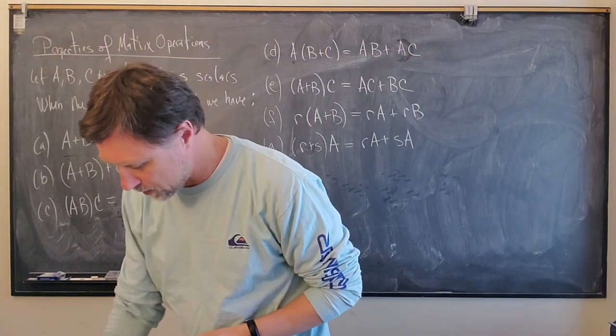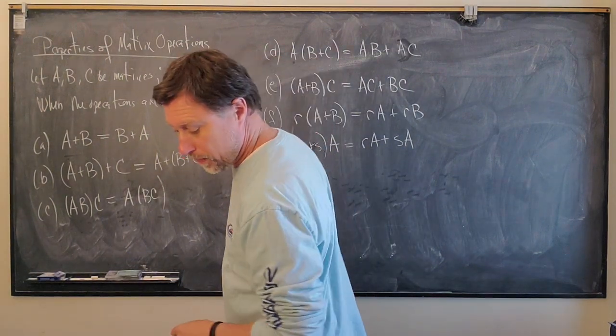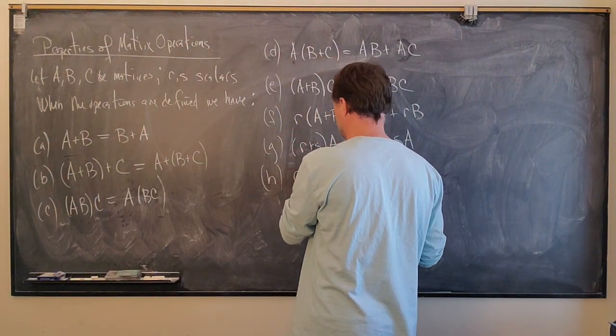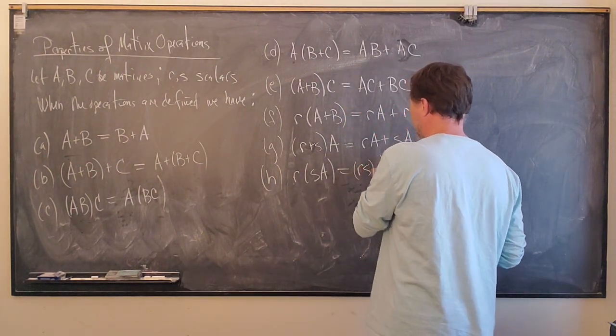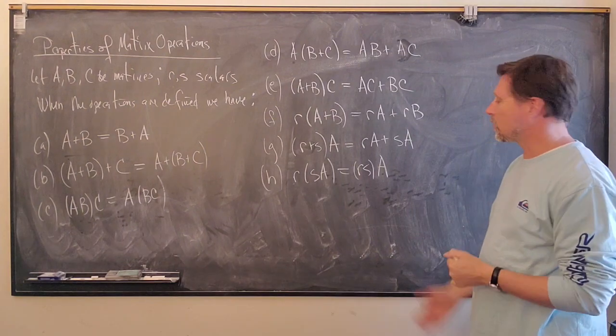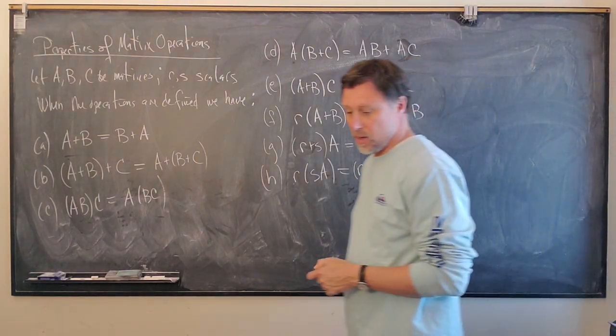A couple more properties. Property H, R times SA is equal to RS times A. It's kind of an associative property. I don't think this one actually has a special name.